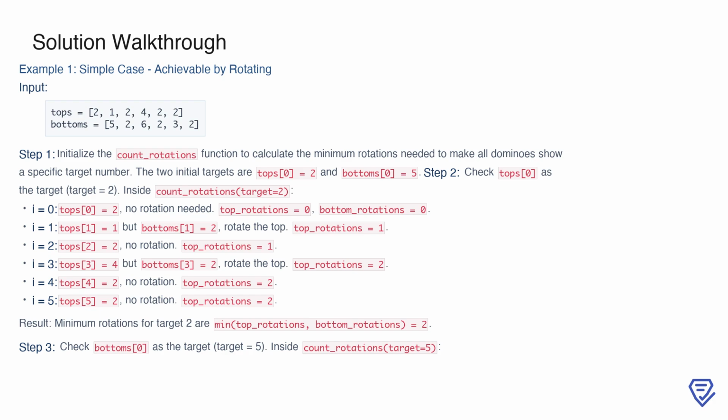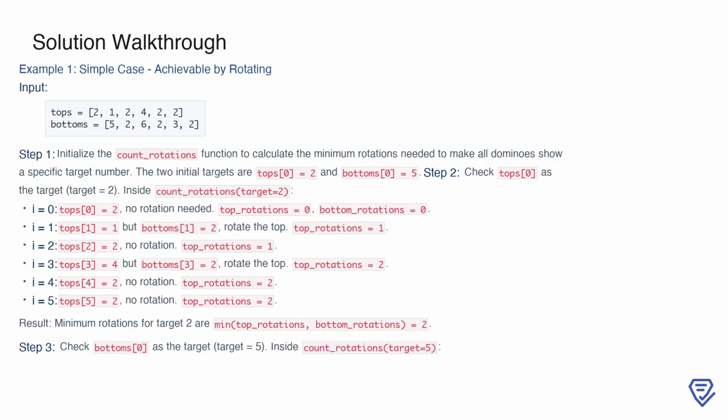At i equals 3, the top doesn't match, but the bottom does, so another top rotation is added, making it 2 rotations in total. Finally, for i equals 4 and i equals 5, the top already matches, so no further rotations are needed. The result for target 2 is the minimum of top_rotations and bottom_rotations, which is 2.